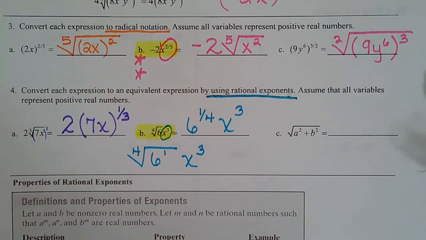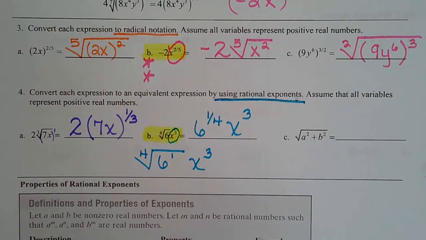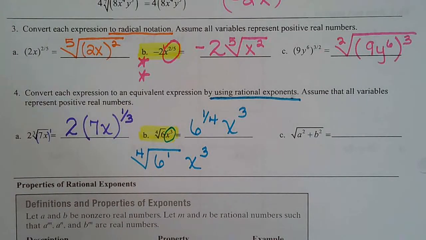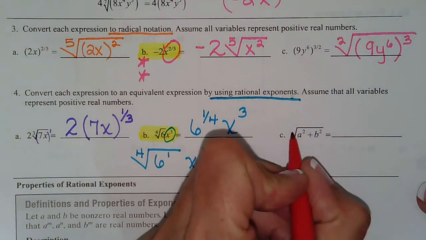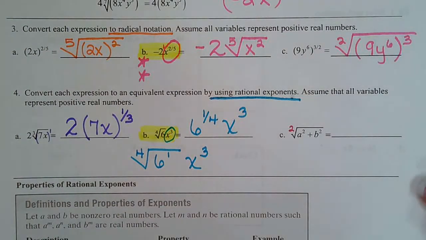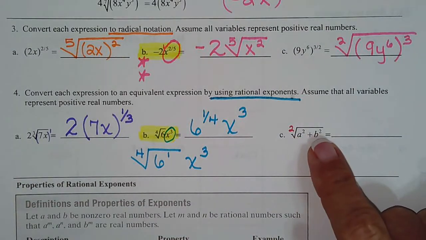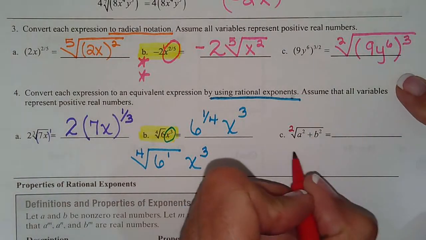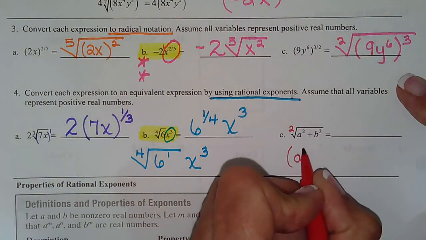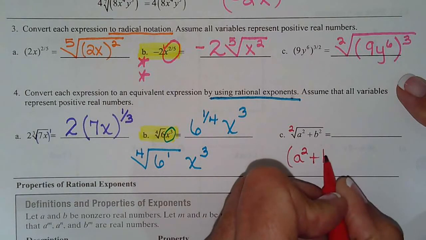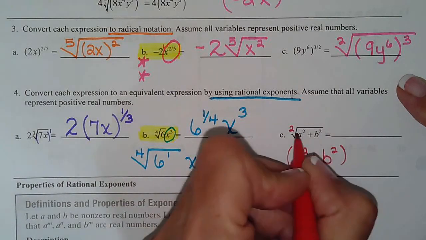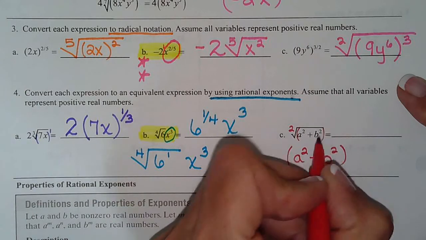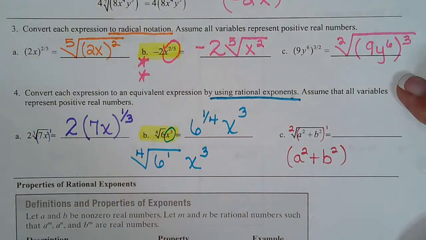And last, we have a squared plus b squared with an index of 2. So this one's tricky because of the plus sign. So we have to write it like this. So think of it like this, and there's an imaginary power of 1 outside.